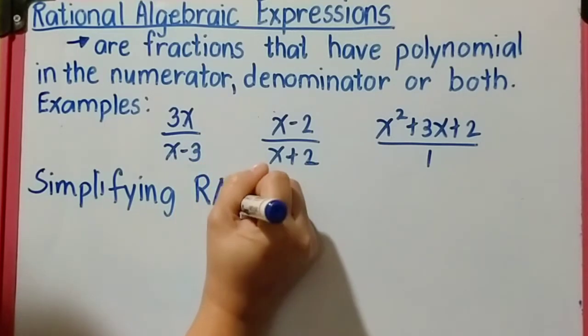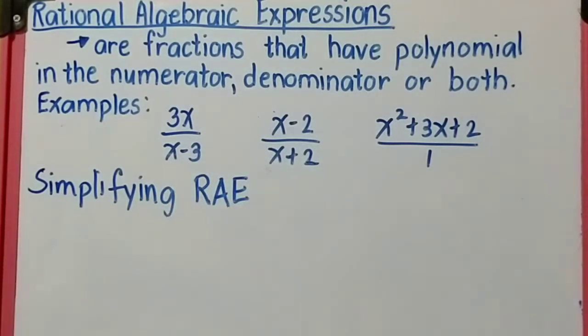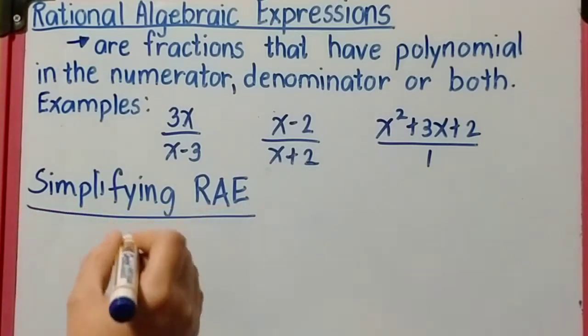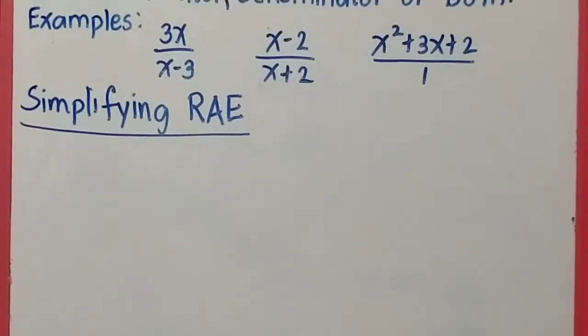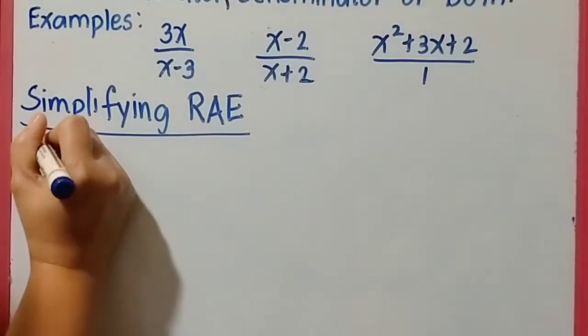Allow me to use the acronym RAE for rational algebraic expression. Simplifying a rational algebraic expression is the same as simplifying a simple fraction. Remember, when you were in elementary, your teacher taught you how to simplify simple fractions. So let us recall that.